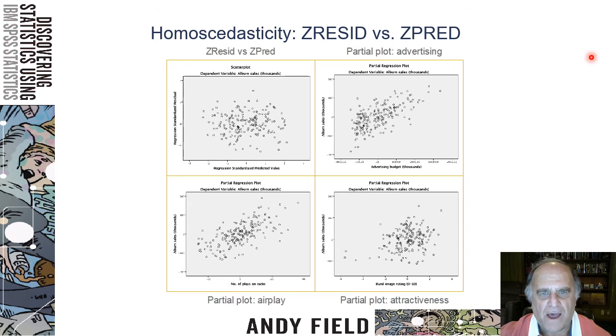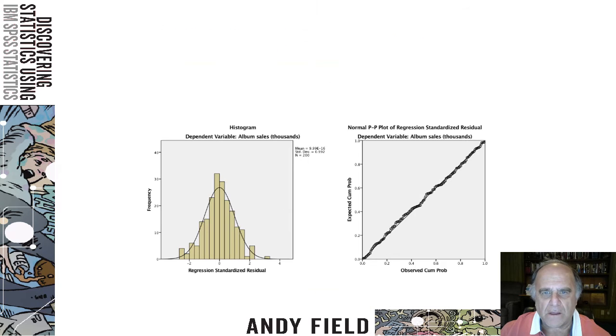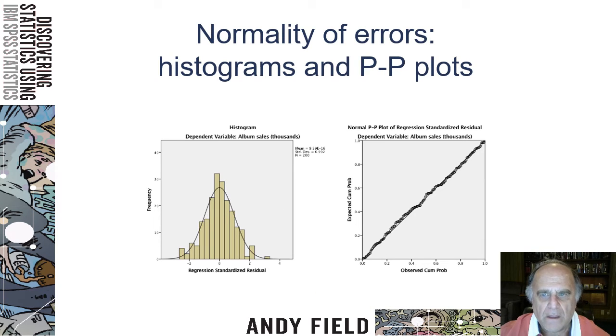Here's the homoskedasticity results, the plots. Again, if you want more information on this, go ahead and go to Fields' book. Here's a plot of the regression standardized residuals. You can see they look pretty normal. And if we look at the PP plot, it looks pretty normal as well.